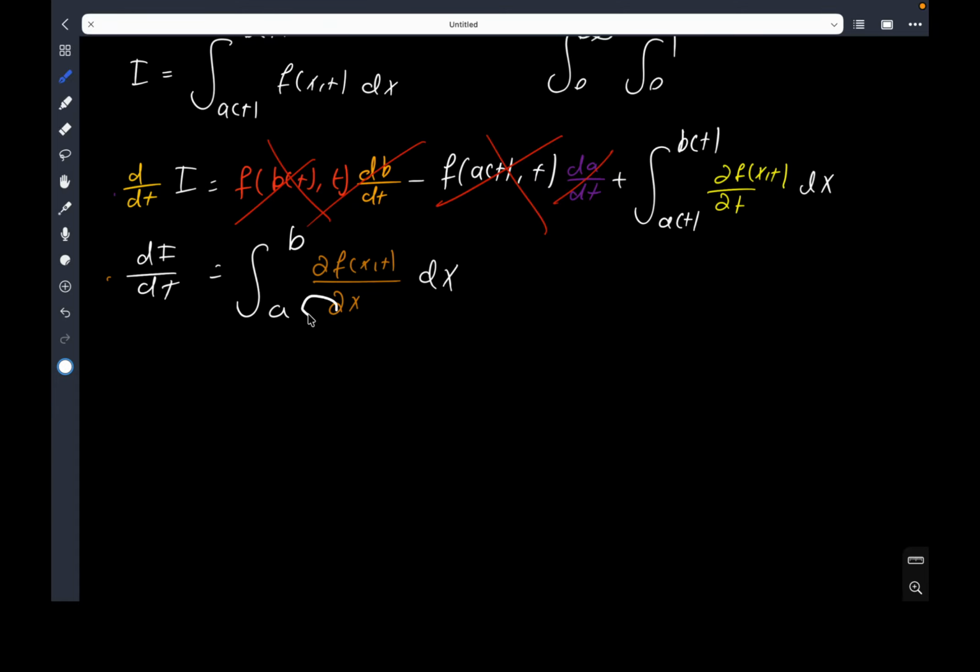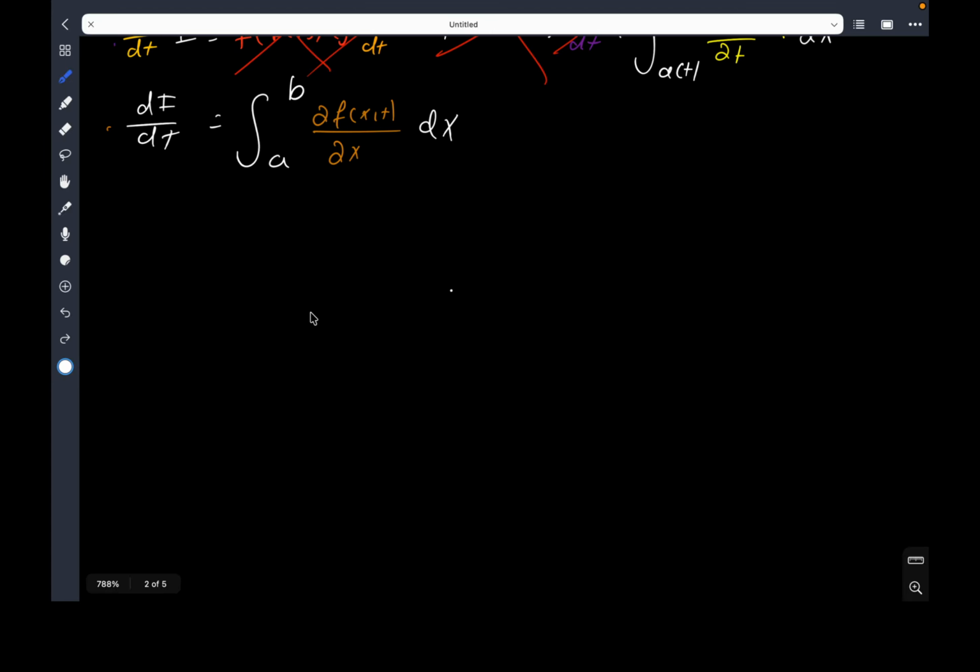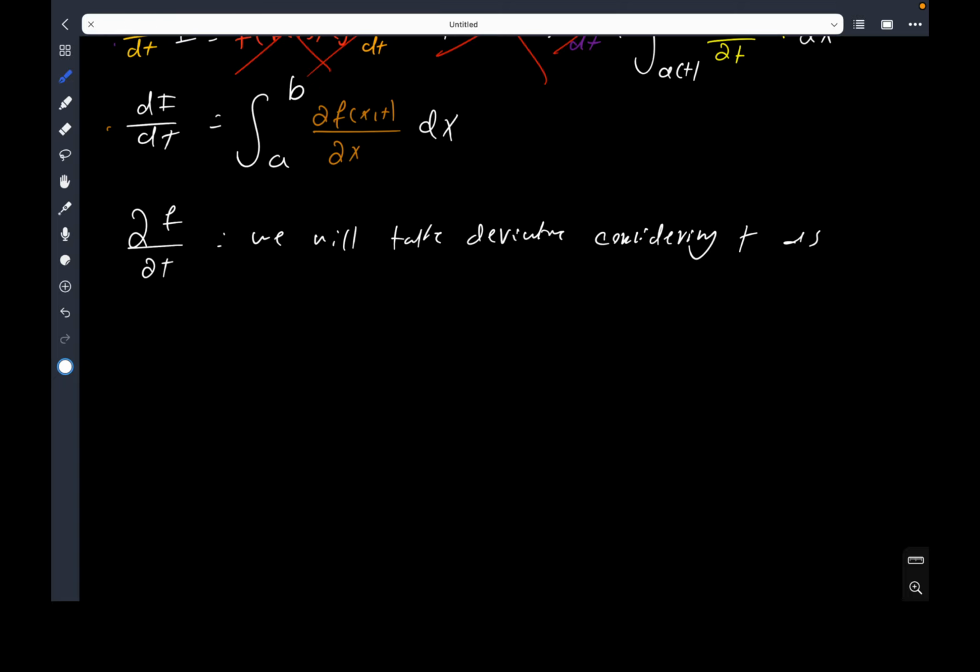This thing right here means that we are taking a derivative. This means that we take, let me write it this way, partial f partial t, we will take the derivative considering t as a variable and others as a constant.